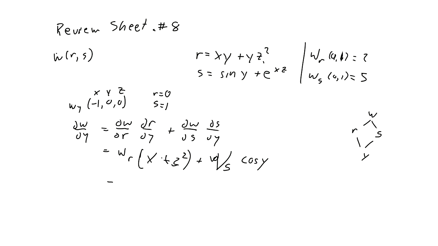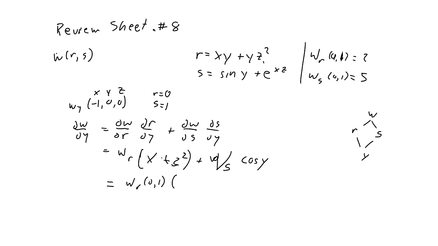And now let's evaluate this at -1, 0, 0. Well, when I plug in -1, 0, 0 into dWdr, remember R is 0 and S is 1. So that'll be dWdr at 0, 1 times x plus z squared.